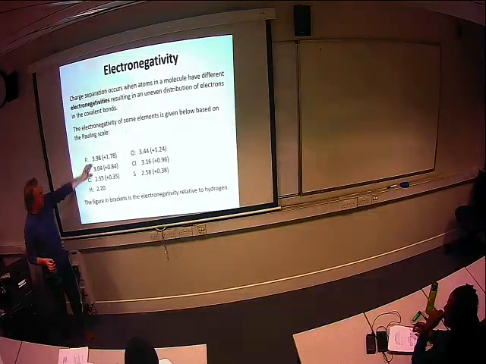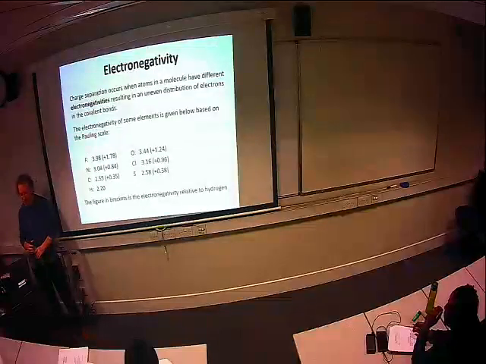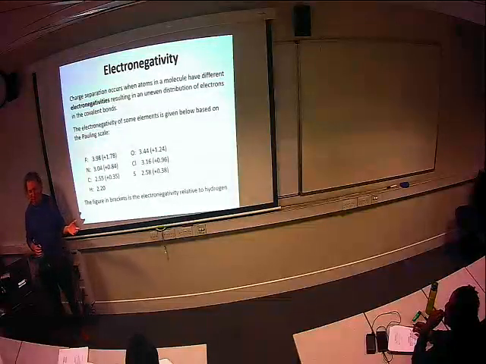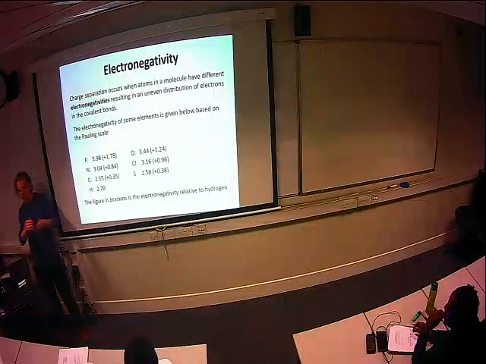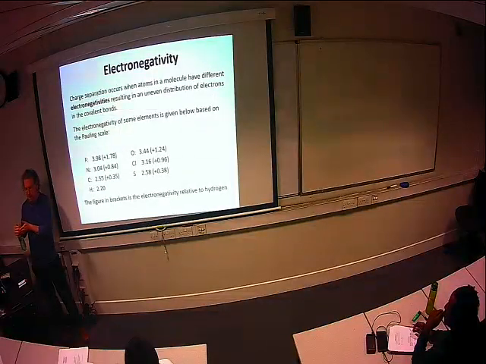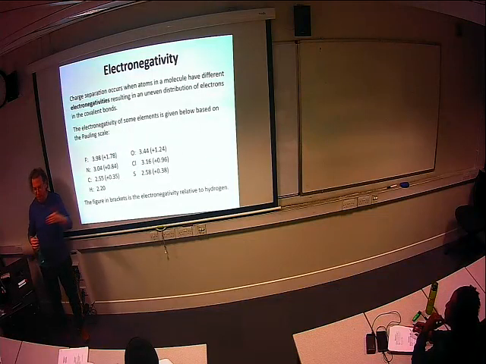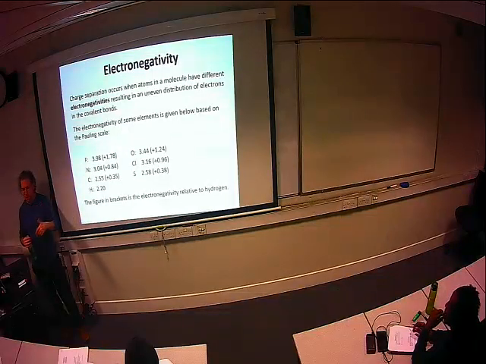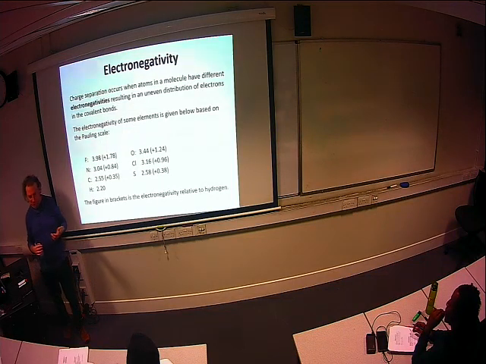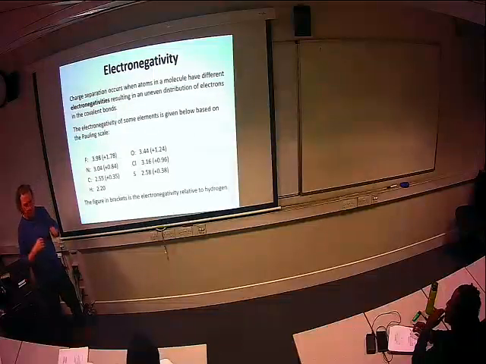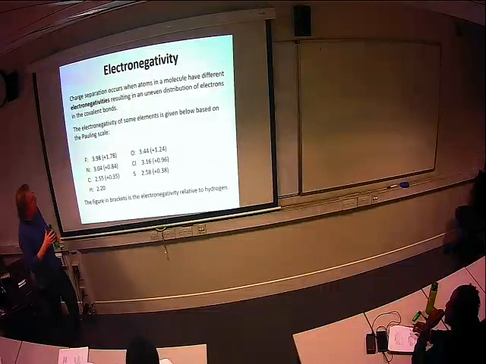So fluorine usually comes out as the highest electronegativity. If you've got a fluorine atom in a molecule, it's going to pull electrons away from any atom it's bonded to. So the bonds are always going to be polarized, with the fluorine carrying a noticeable partial negative charge, so it's got more electrons close to it.